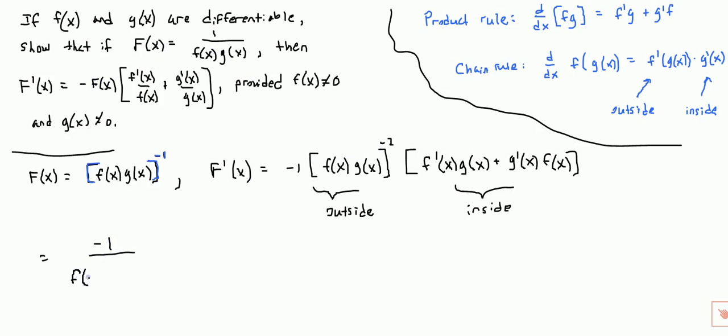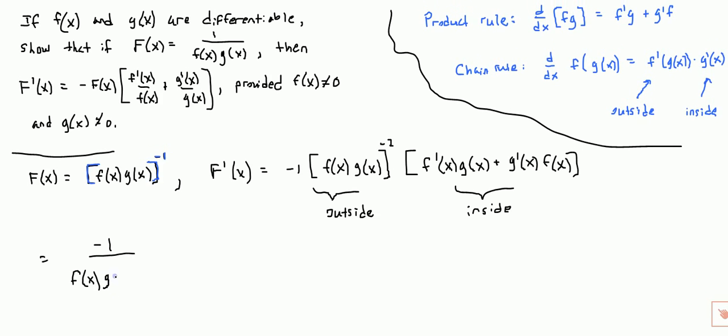I'm going to write them separately. So there's 2 of these. There's 2 of them because it was squared. I'm just writing them separately. And why did I do that? It's because big F of x is 1 over f of x times g of x. Do we have one of those? Yes, we do, right here.